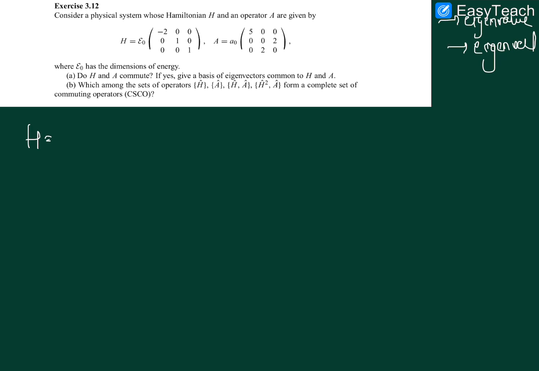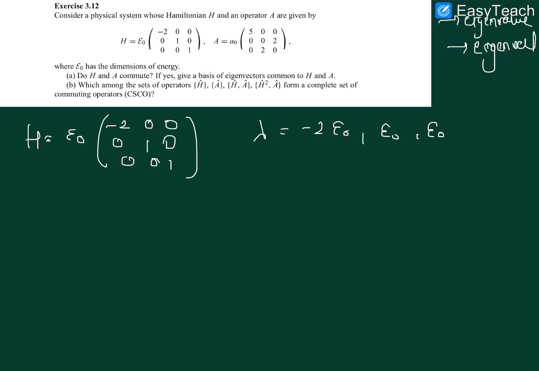So for H I have calculated the eigenvalues. The eigenvalues of H are minus 2 epsilon and epsilon.